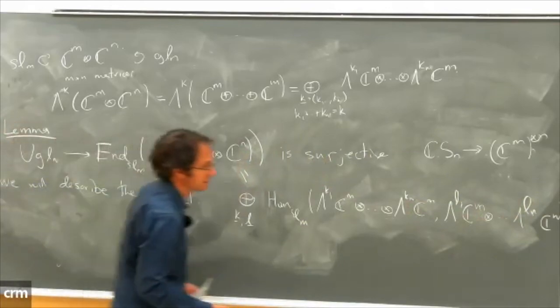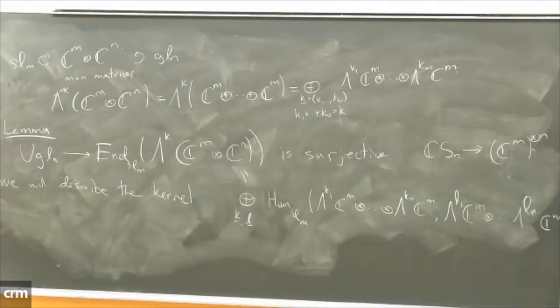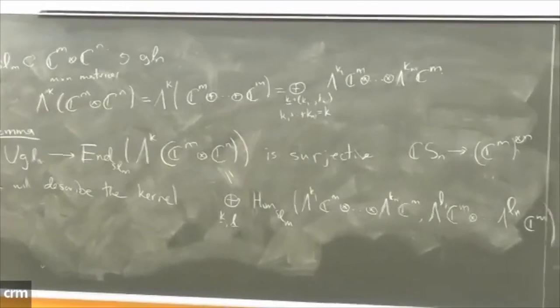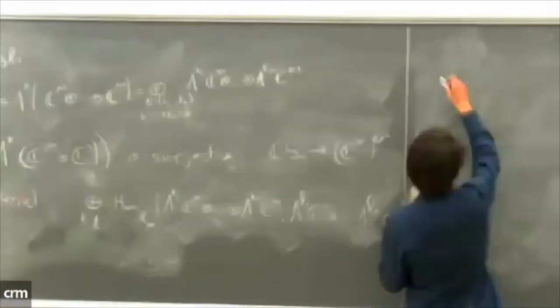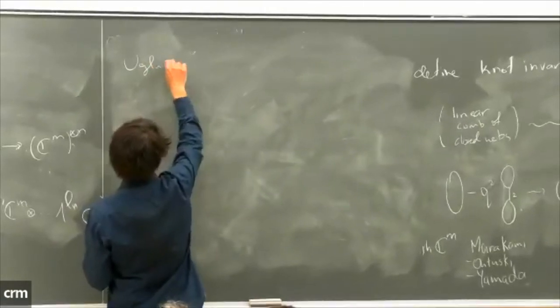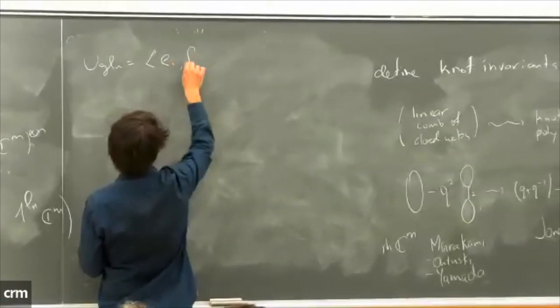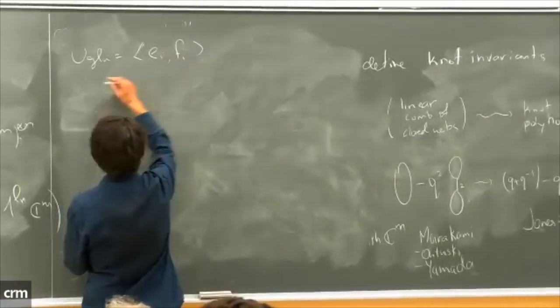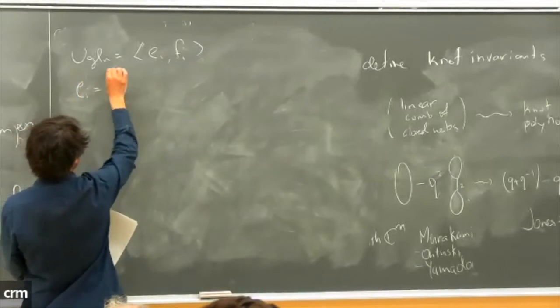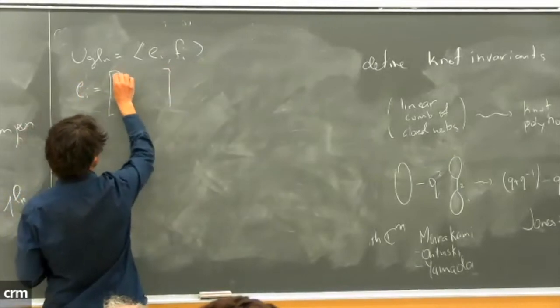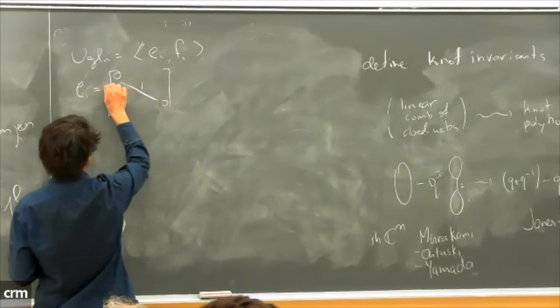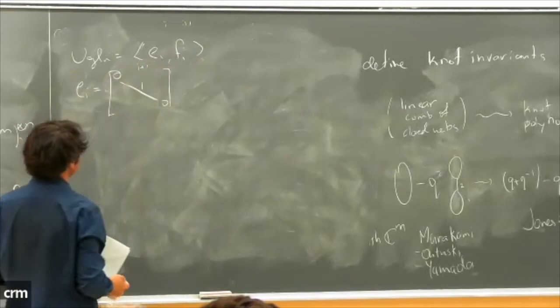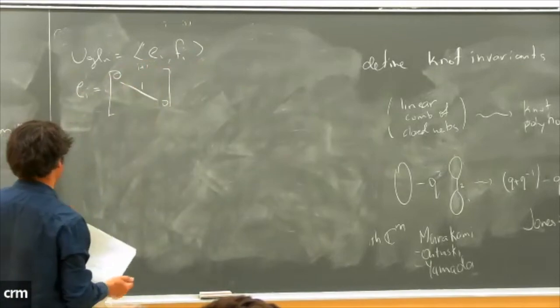And in fact, how do they look when they come as diagrams from gl_N? The universal enveloping algebra of gl_N has these natural Chevalley generators, E_i and F_i, and H_i maybe. So E_i corresponds to a matrix with a 1 in the i-th row and (i+1)-th column.